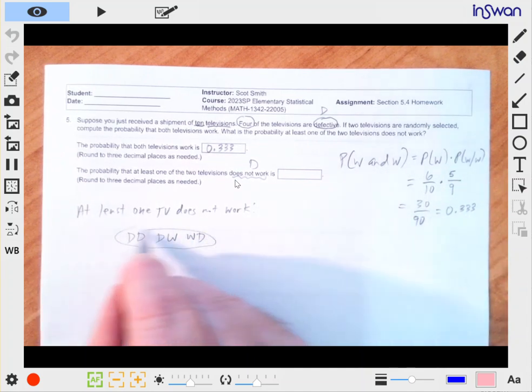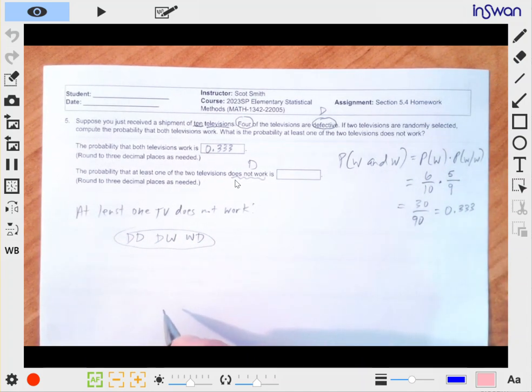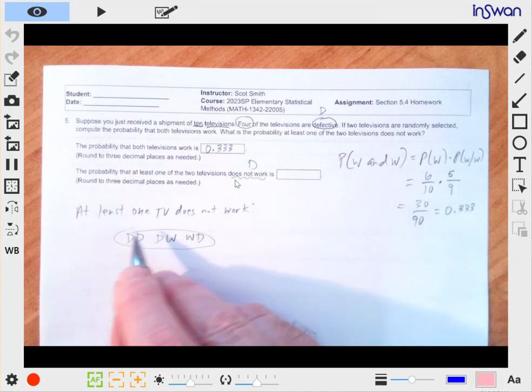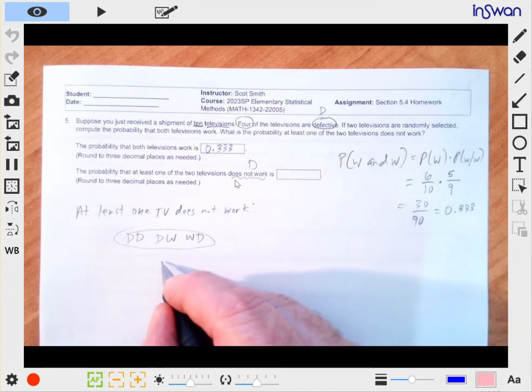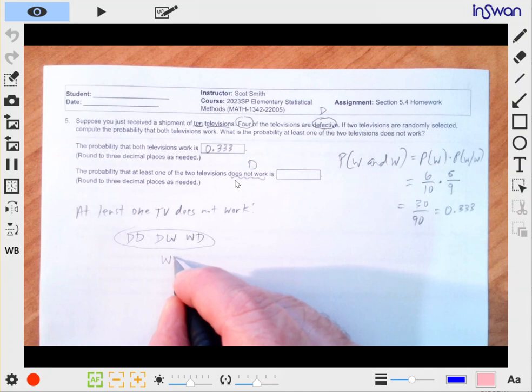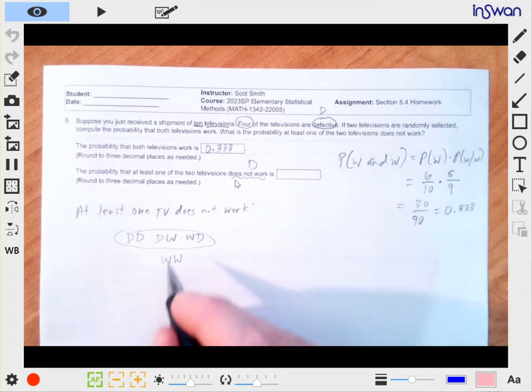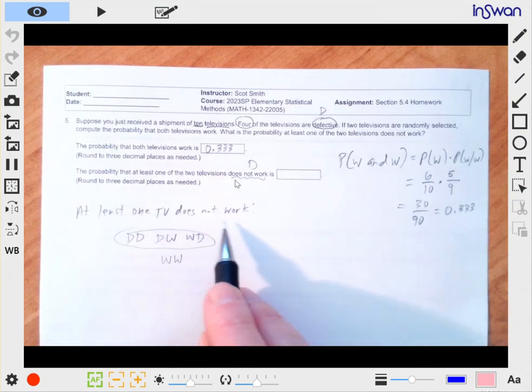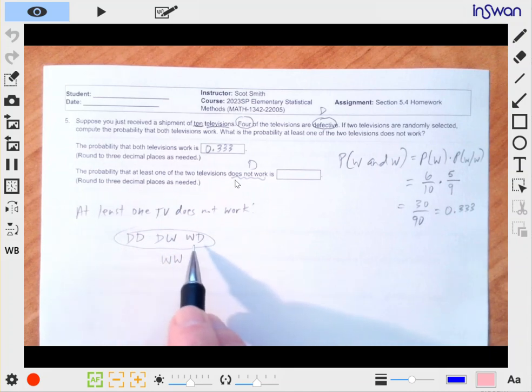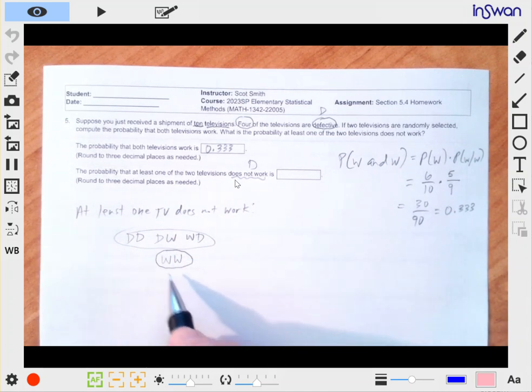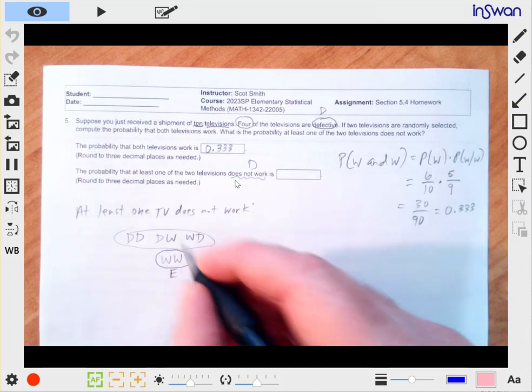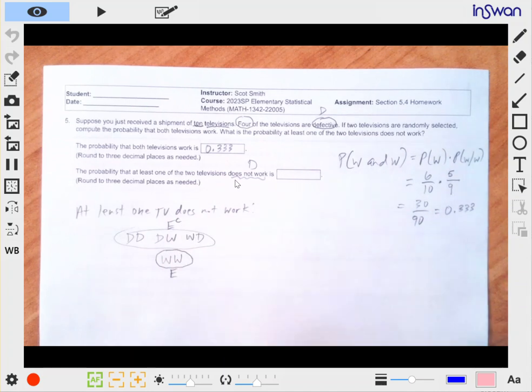So we have all of these guys, and then we have the other case, basically the complement, which would be that they both work. So at least one TV does not work, that's these guys, and the complement is these guys here. Now we already know this probability, so let's call this E, and that makes this E complement.